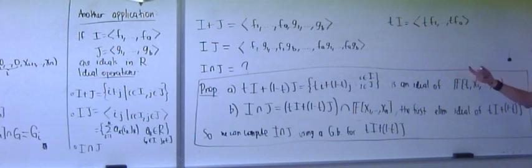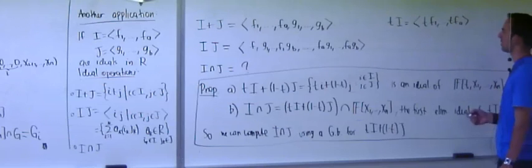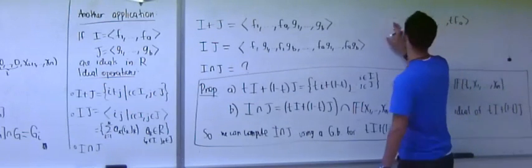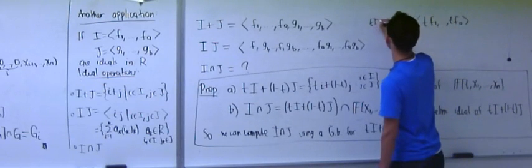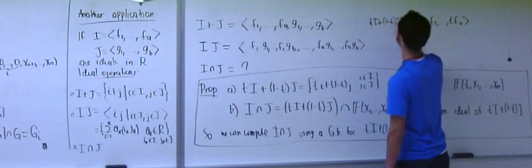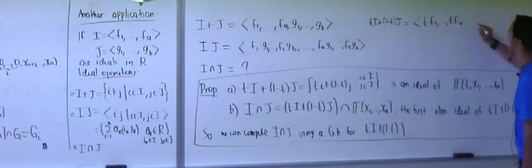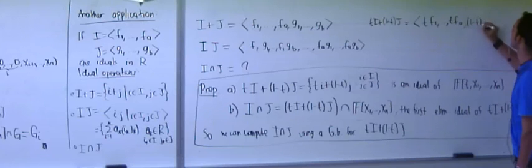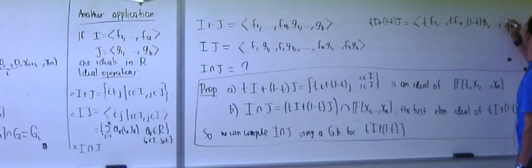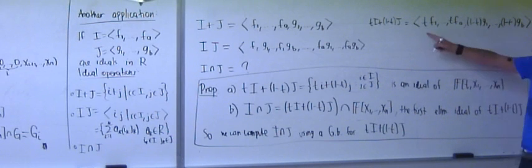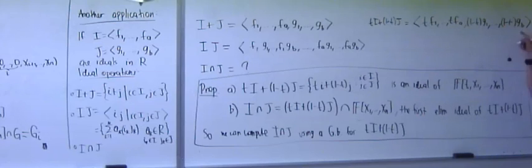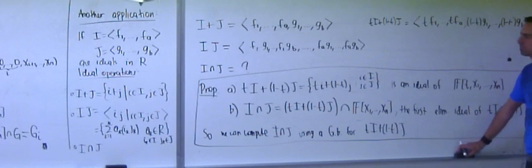And the same thing for 1 minus t times J. So if I want to generate tI plus (1 minus t)J, then I just consider these guys and these guys. And so then what I should do is just start with this ideal and eliminate the variable t using a Gröbner basis. It's all very, very simple and very explicit.